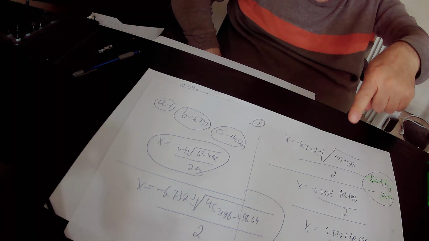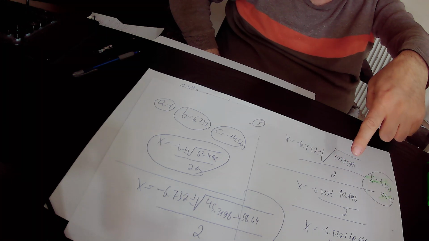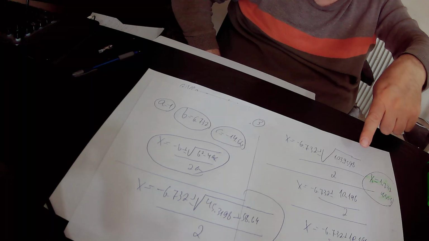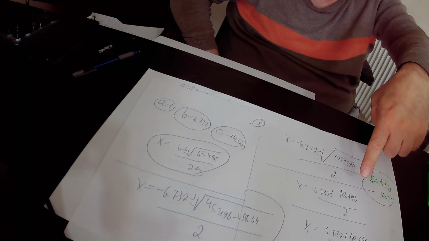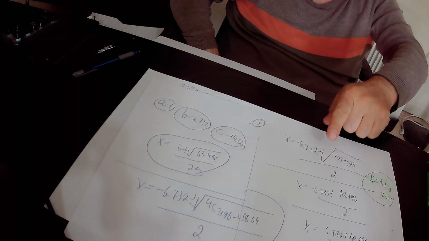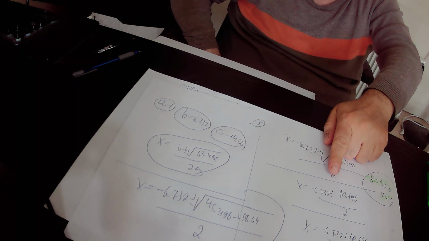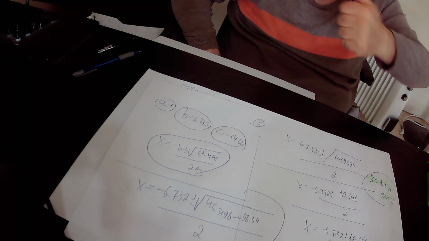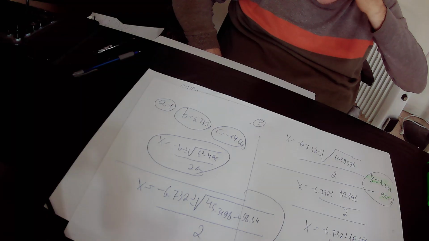So x equals minus 6.732 plus or minus the square root of 103.9598, which equals 10.196, over 2. So here we have two possible solutions for x.